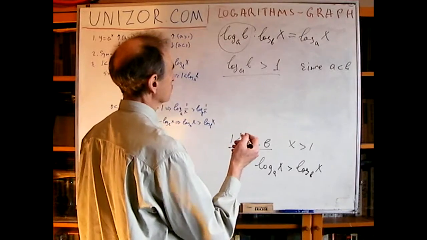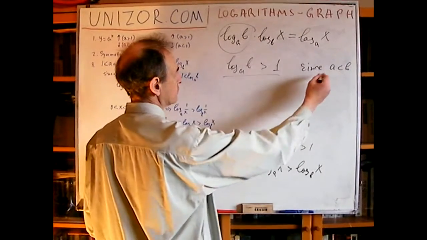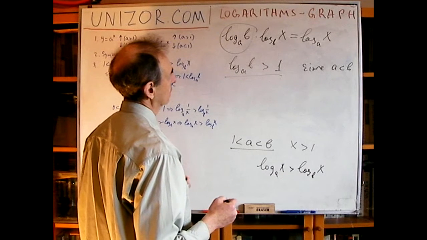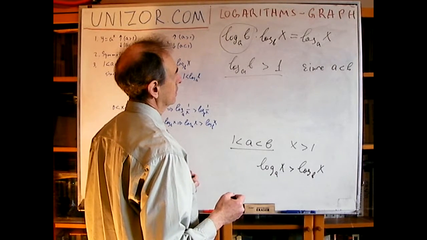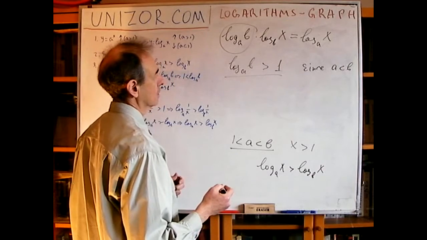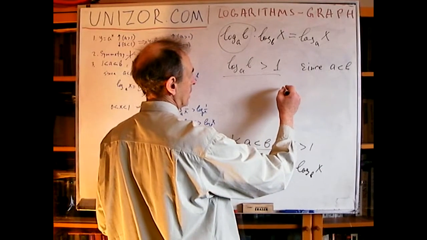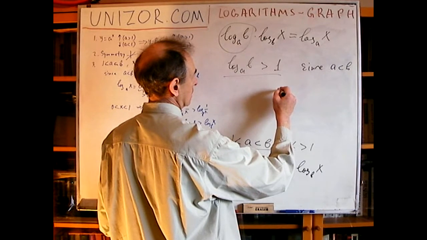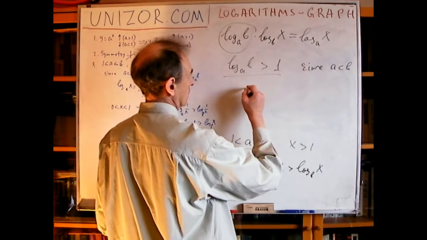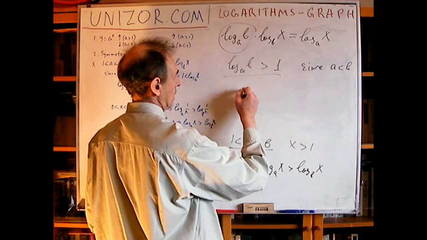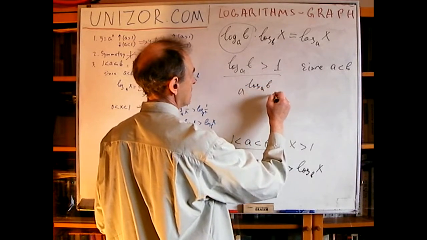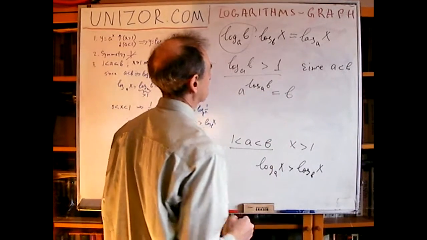Now, the way to do it strictly: if you have b greater than a, then you know that a to the power log_a b is equal to b, right?